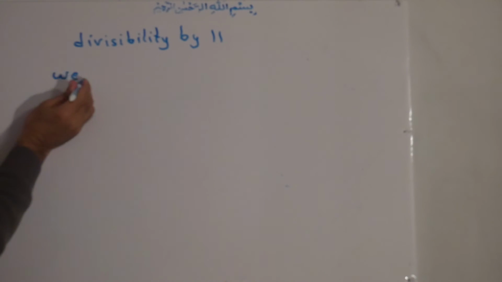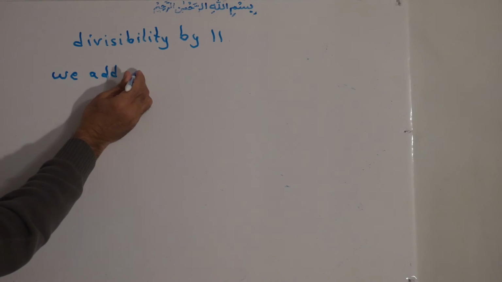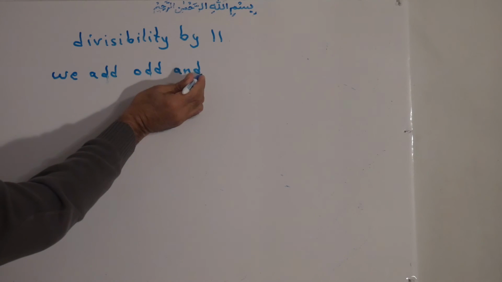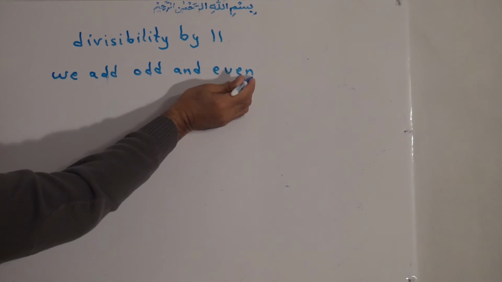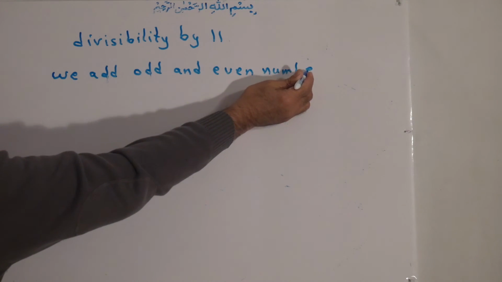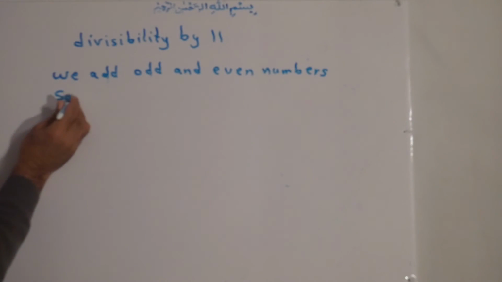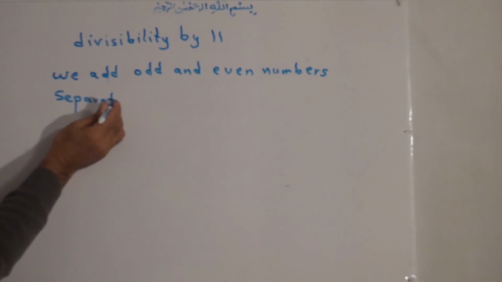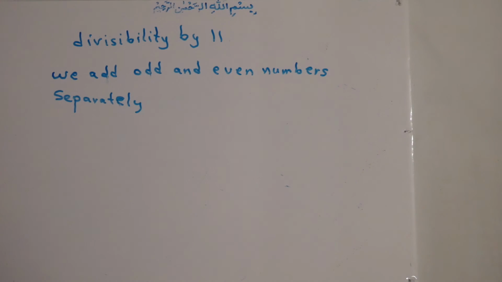What we do? We add odd and even digits separately.